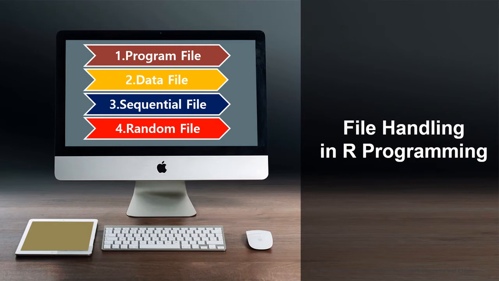Another is the data file. As the name suggests, a data file is a file which is used to store data. For example, some text file, some Excel file, or some database file. These are examples of data files. Then there are the sequential file and the random file.